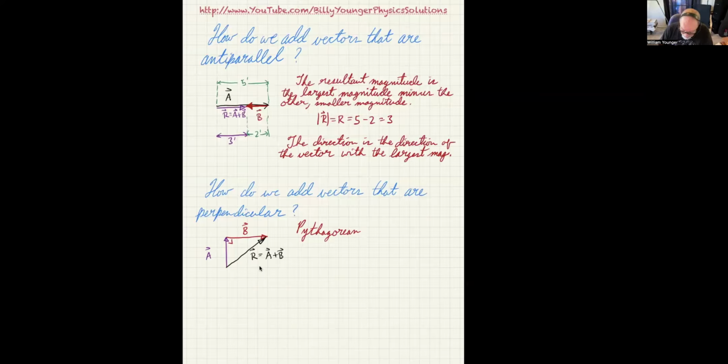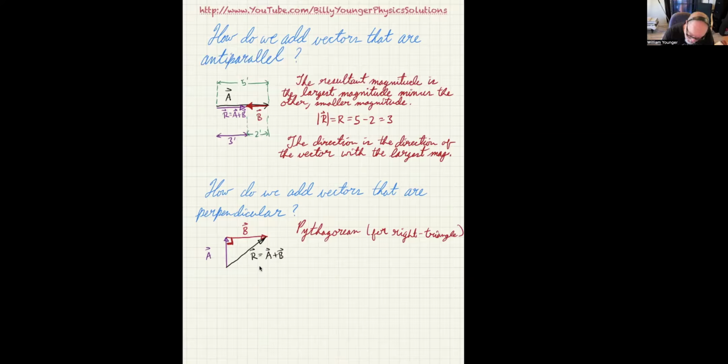So, the Pythagorean theorem is for right triangles. Remember, a right triangle has one 90-degree angle, indicated by this little square box right here. The two parts of the triangle that touch the right angle are what we call the legs.